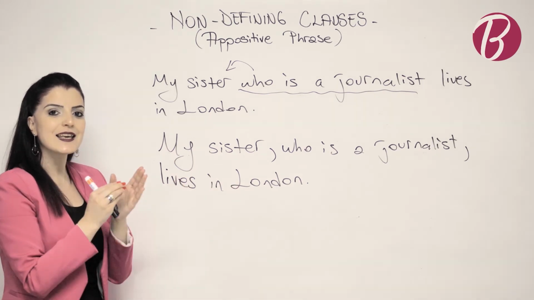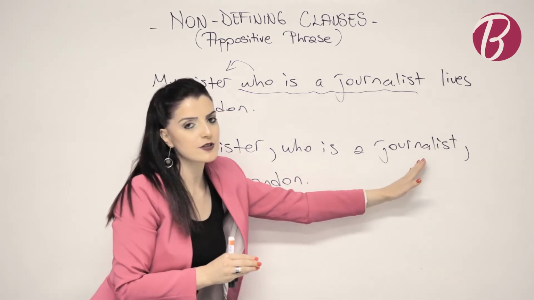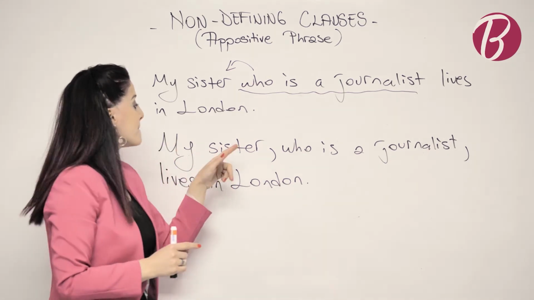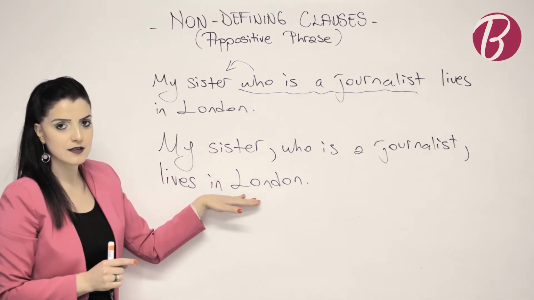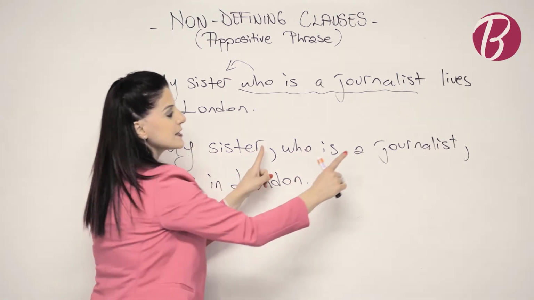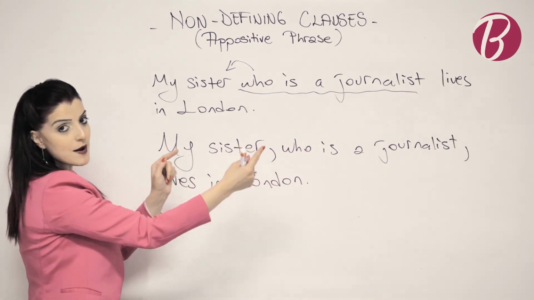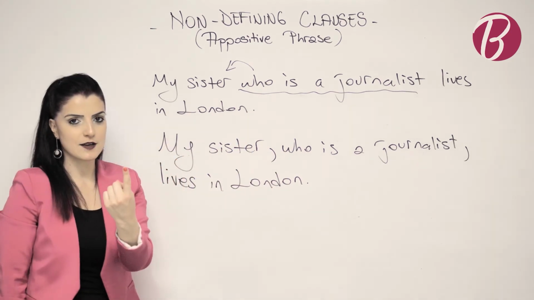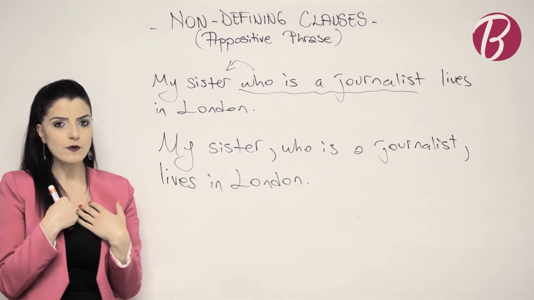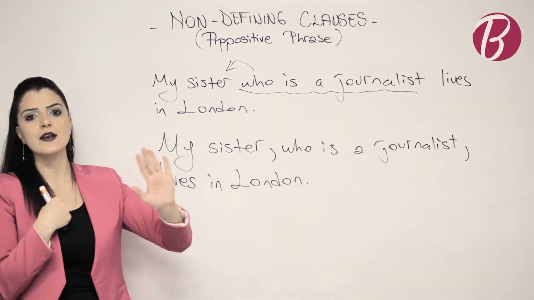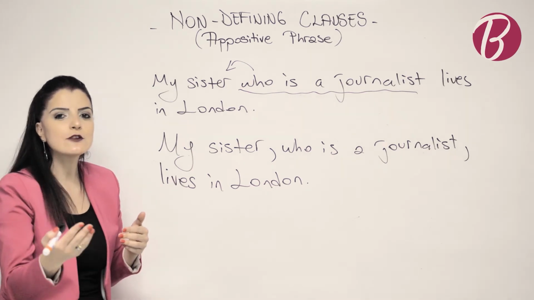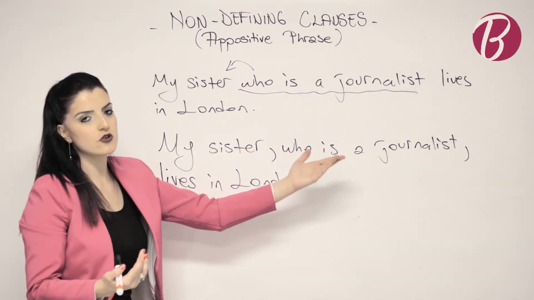You just give extra information about her. When I see this sentence between commas, I can clearly understand you have only one sister, so you don't need to define her. I know you don't have any brother or any other sister, so you don't need to tell again and again who is a journalist.